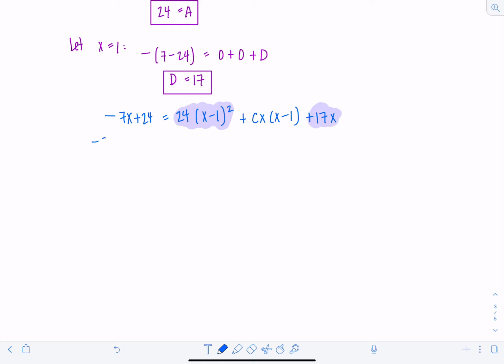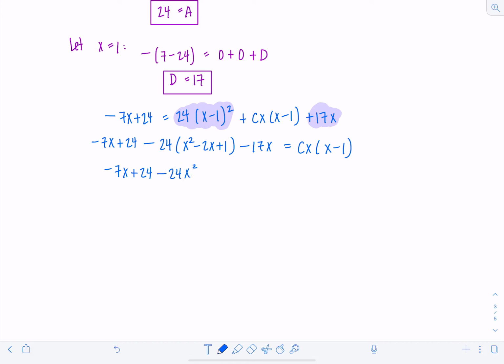So I have negative 7x plus 24 minus 24. I'm going to multiply out x minus 1 squared. So we have negative 7x plus 24 minus 24x squared plus 48x minus 24 minus 17x equals cx times x minus 1.